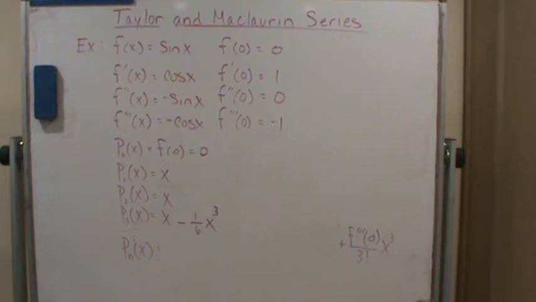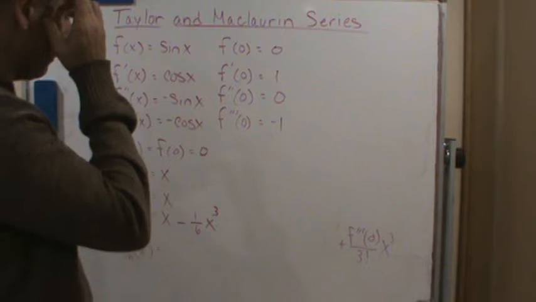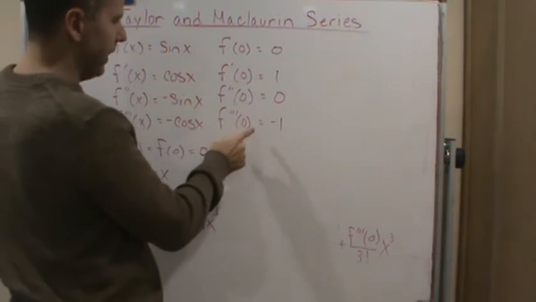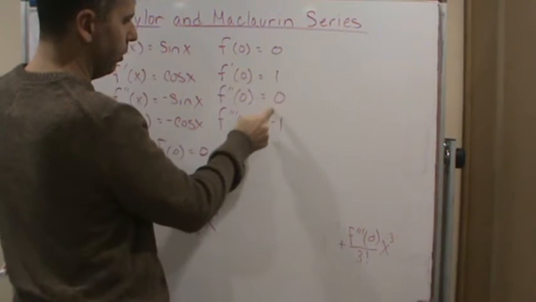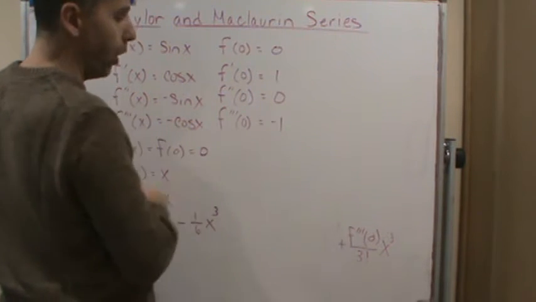So we know that every other one is 0. So if you look at this, these are 0 and these alternate between 1 and negative 1.